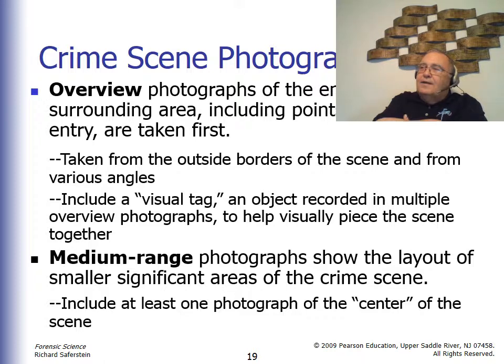Now, one thing I always did, and I know other crime scene technicians did this, is your first photograph, of course, is going to be the photographic identifier, and then take a photograph of the nearest street sign that shows the name of the street the crime scene is on, and then if it's visible on the mailbox or on the front of the house, the numerical address of the location.